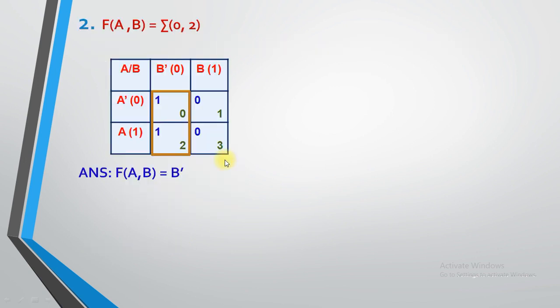The next equation is sigma 0, 2. So you need to place 1 inside cell number 2 and cell number 0. In both the cell numbers, we need to place the value 1. After putting 1, again you need to make a pair. Over here we have a vertical pair.